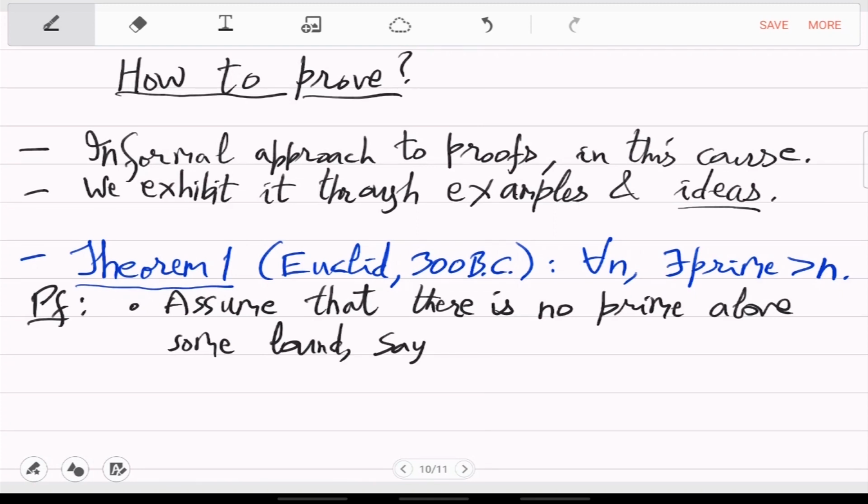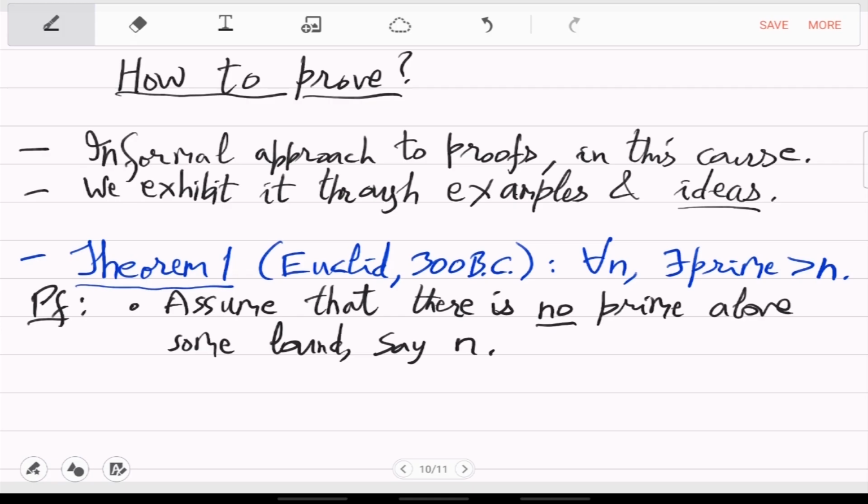Above some bound which we are calling n, we could have called it x or a or whatever. The alphabet is not important, but what is important, and would have been quite critical in those years, is that you are actually assuming something opposite to what you want to show. You want to show that there is always a prime, but here you are assuming that suppose there is not.